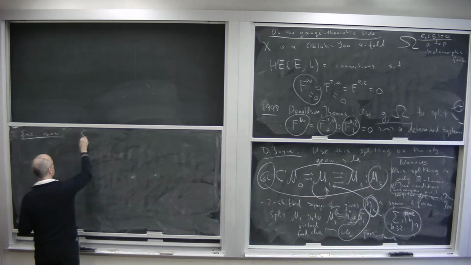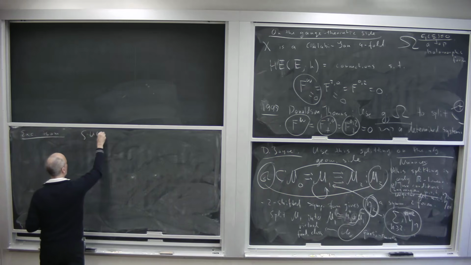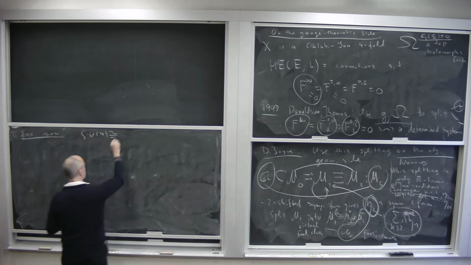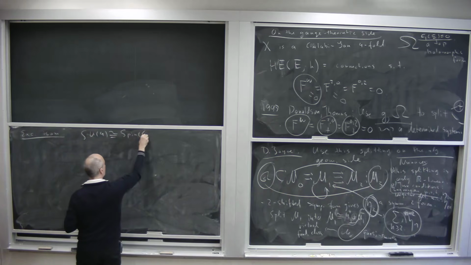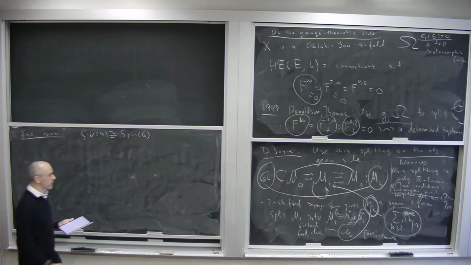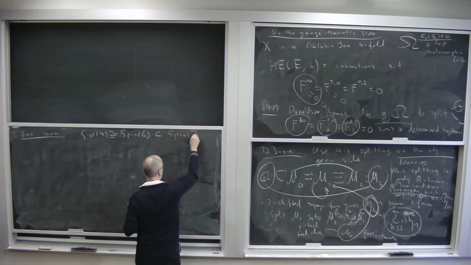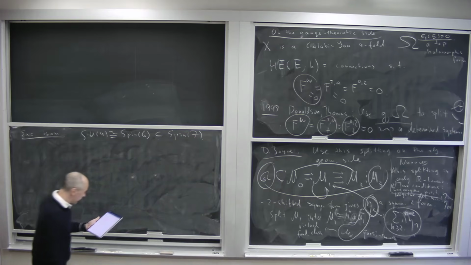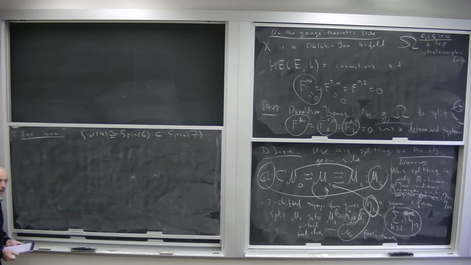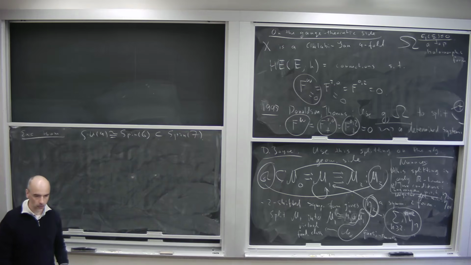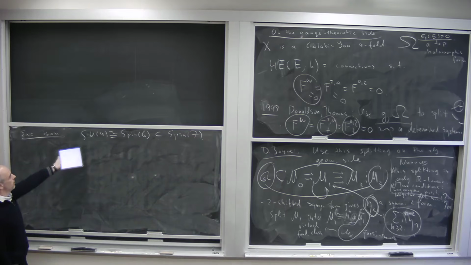namely that if you take SU4, then it is isomorphic to Spin 6. And Spin 6 sits inside Spin 7. Now, if I have my Calabi-Yau fourfold, then the holonomy group is part of SU4.